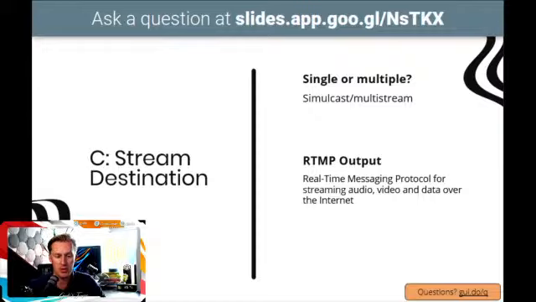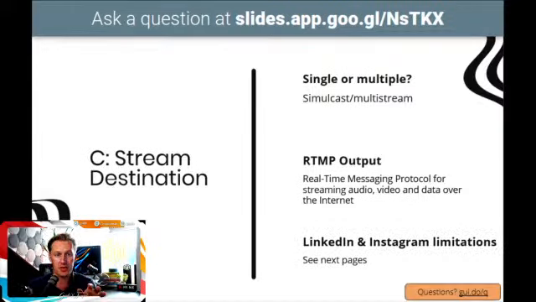So that might be an important one. RTMP stands for real-time messaging protocol and it's used for streaming audio, video, and data over the internet. So it's a generic protocol. I think it's actually owned by Adobe, but it's available for everyone to use. So it's a very useful way to connect apps over the internet.